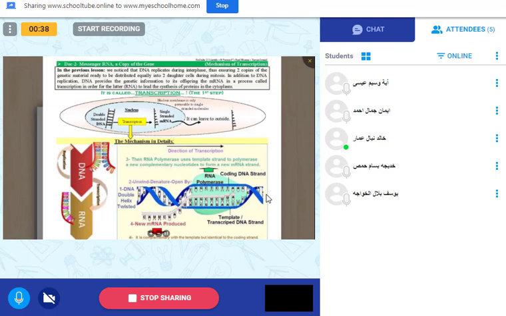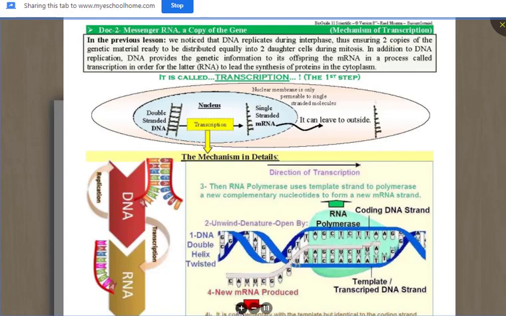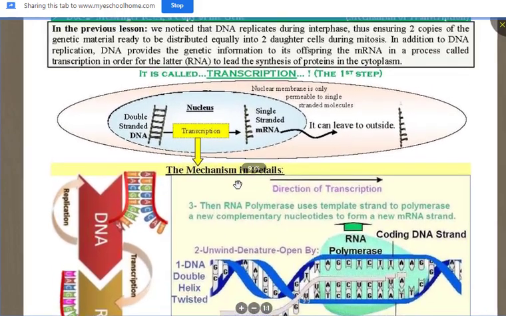Okay, now let's see how exactly we form the messenger RNA. First, we have the double-stranded DNA in the nucleus. By transcription, we make a single-stranded messenger RNA, then it can leave to the outside.